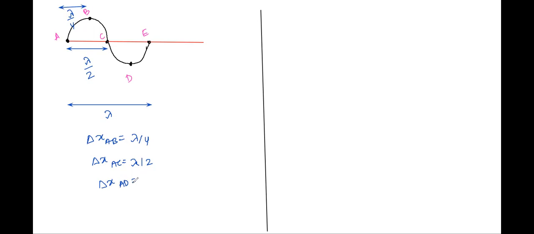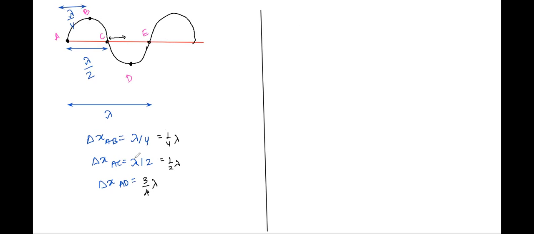It will be 1 by 2 plus 1 by 4. How much is it? 3/4. So this will be 3/4 of lambda. Easy, no? This one is half of lambda, this one is 1/4 of lambda. Whenever you add 1/4 to half, you will get 3/4. Am I correct? Yes, sir.